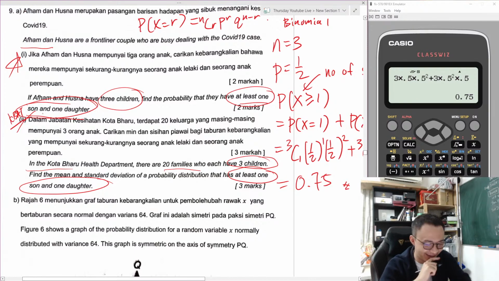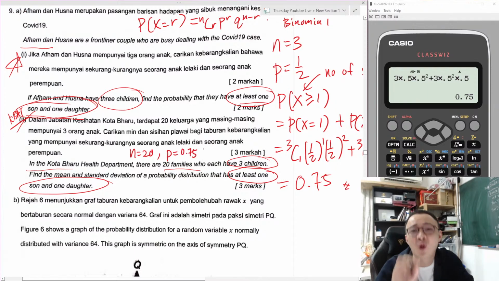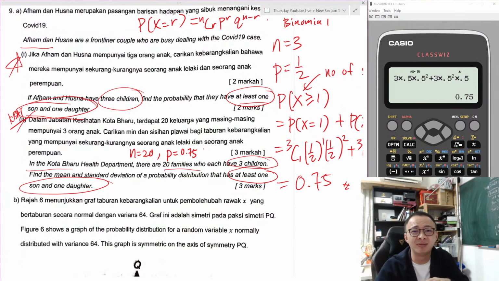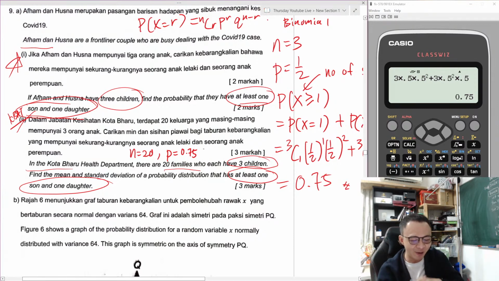So here, you can see I have 20 families, n equals 20, but my p-value will be 0.75, because I'm not going to redo the at least one son and one daughter again. It's exactly the same example, right? Some students will find it very tricky, like, why suddenly 20 families and then 3 children?